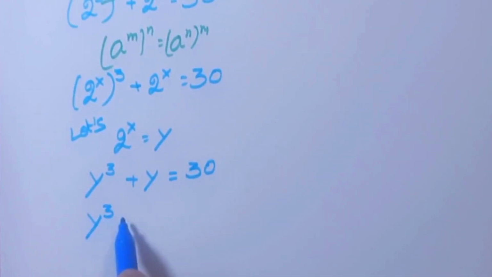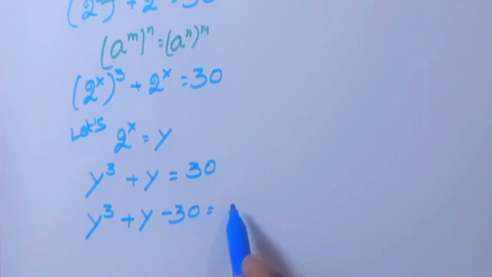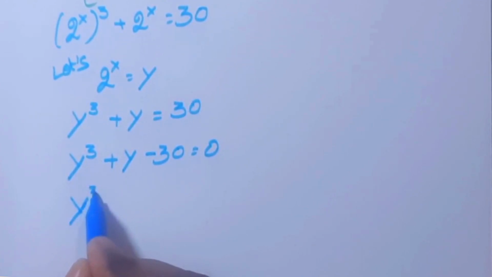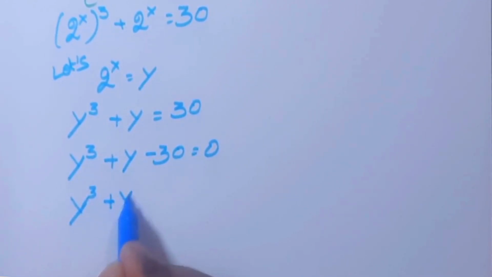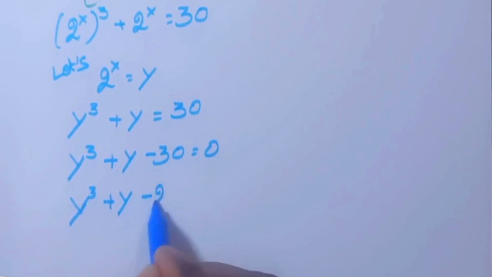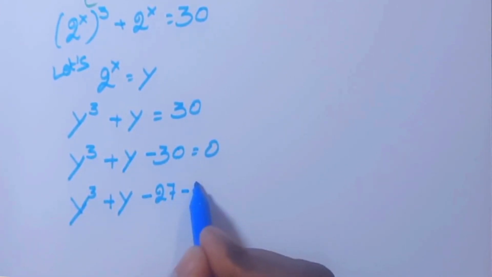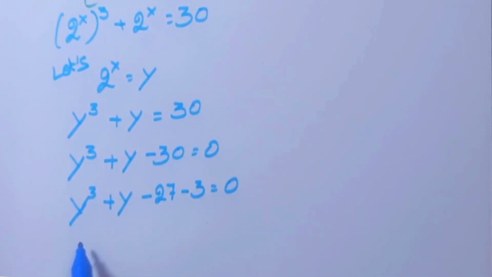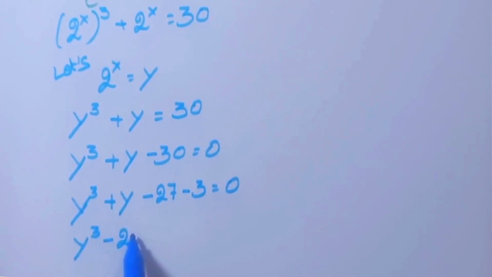y^3 + y - 30 = 0. y^3 + y - 27 - 3, this 30 can be split like this, so equal to 0. y^3 - 27, we are changing this, plus y - 3 equal to 0.